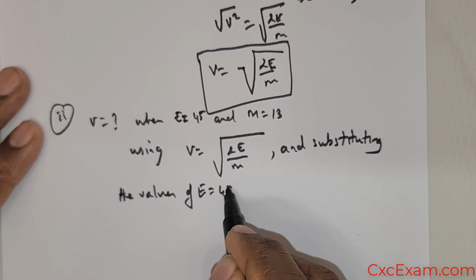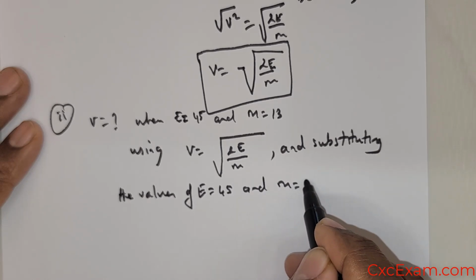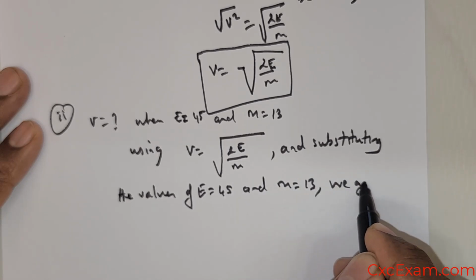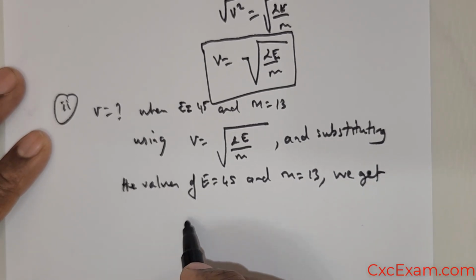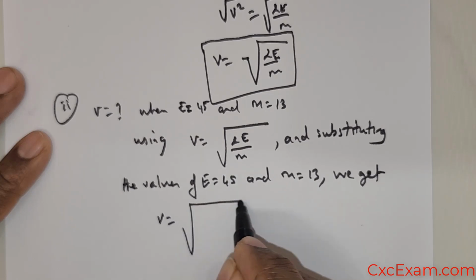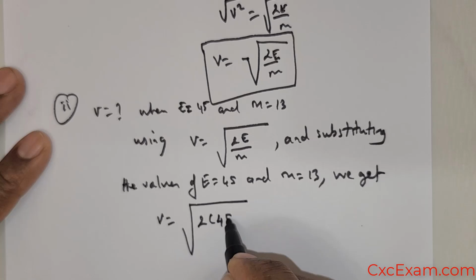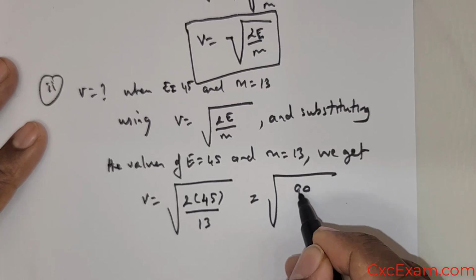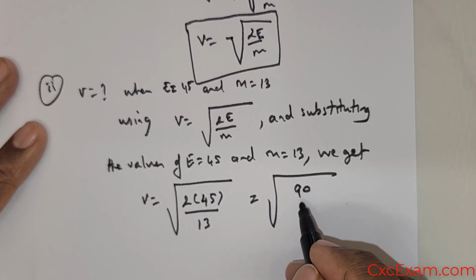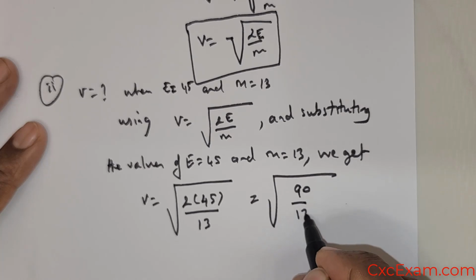Now if E is equal to 45 and m is equal to 13, we get... So make it explicitly expressive in the action that you are performing. So V is equal to the square root of 2 times 45 divided by m, which is 13. 2 times 45 is 90, and you have the value of m to be 13.